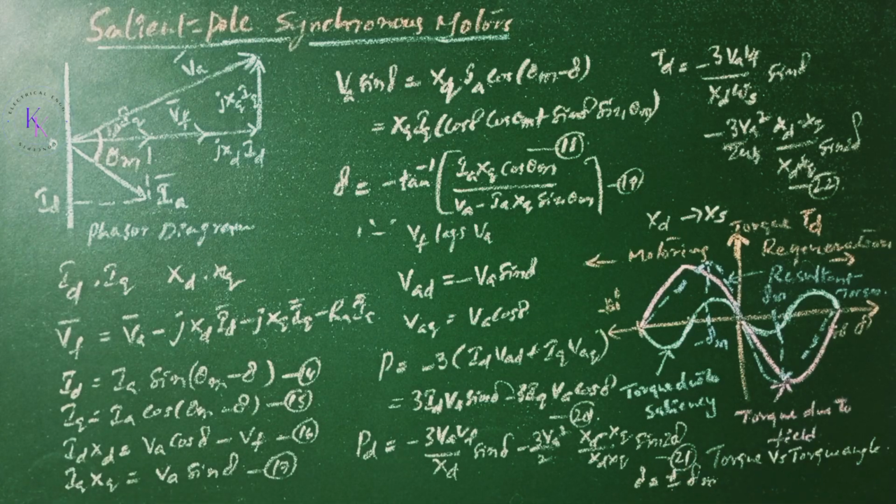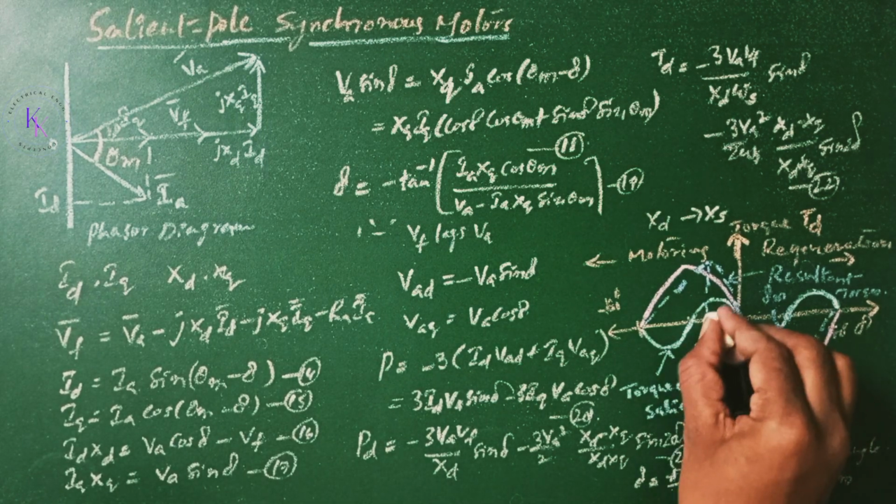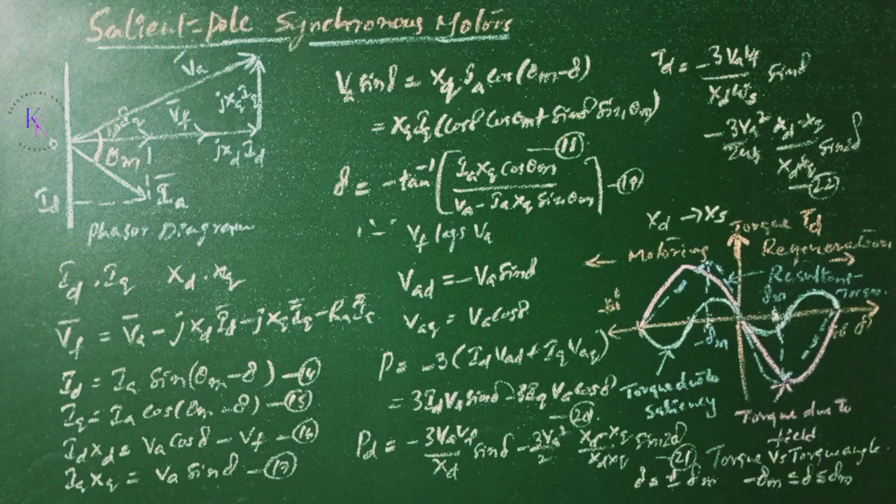For stability, the torque angle is limited to between minus delta m less than or equal to delta less than or equal to delta m. In this stable region, the slope of the Td versus delta characteristic is higher than that of the cylindrical rotor motor. This is regarding the Salient-Pole synchronous motors.